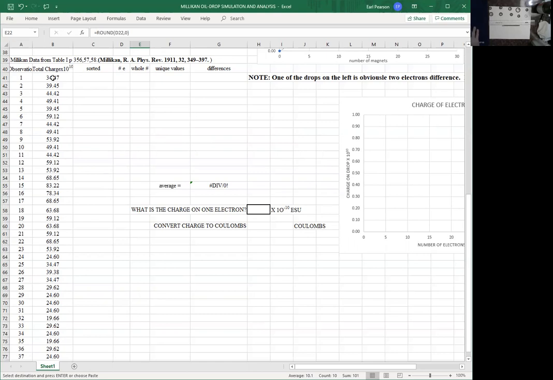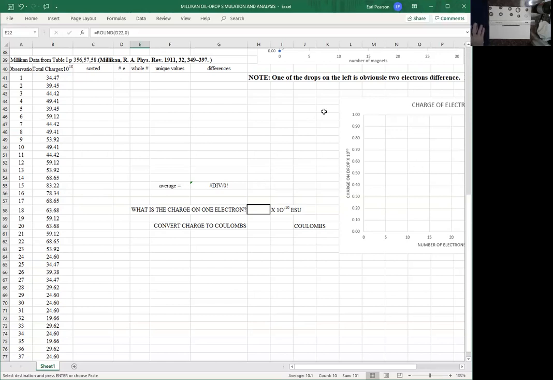Because when you multiply 10 to the minus 10 times 10 to the 10th, it becomes 1. So he recorded these as numbers without the multiplier 10 to the minus 10. But you need to remember that each one of these values, this first value and all the ones below it, this one is 34.47 times 10 to the minus 10 ESUs.